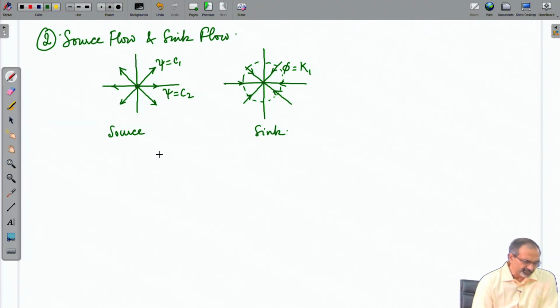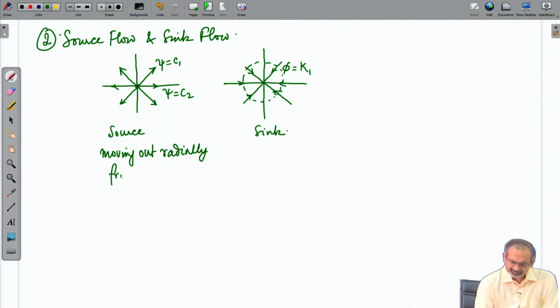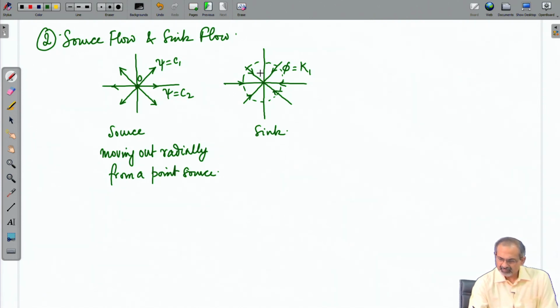In one case, you see that flow is moving out radially from a point source. Where is the source located? At this point O. Similarly, here it is moving in radially into a point sink.